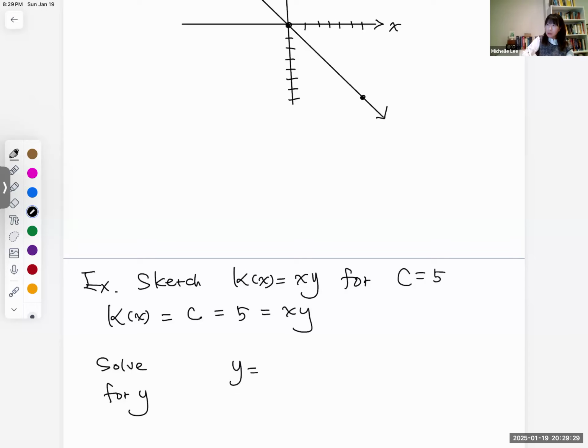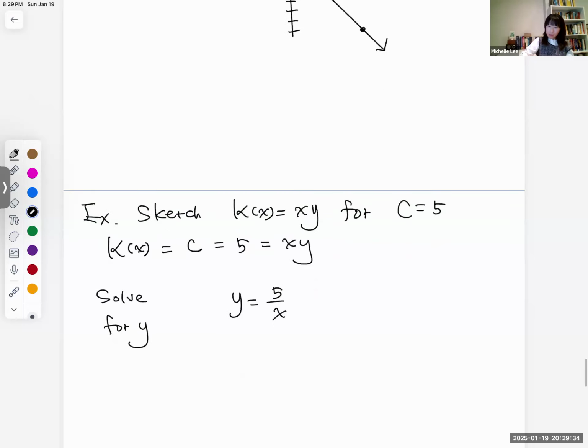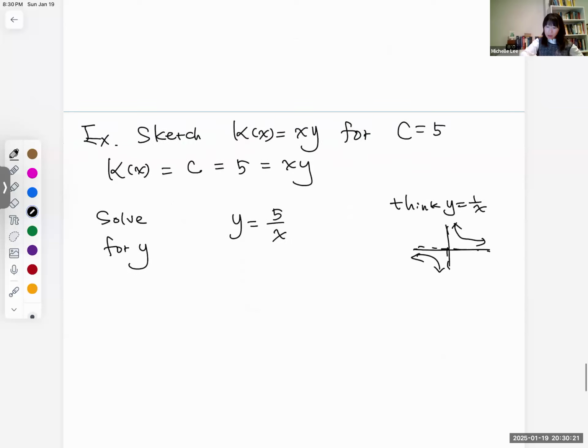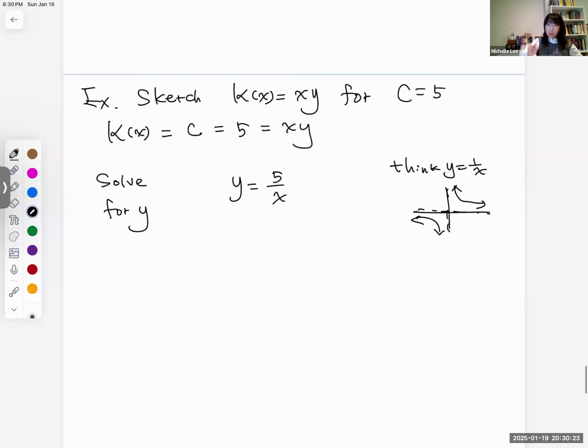Then y equal to 5 over x, right? Then what do you get from this one? Think y equal to 1 over x. The graph looks like that, right? With the asymptotes. Then 5 just gives us a vertical stretch, right? So we can just use the same shape but vertically stretched.